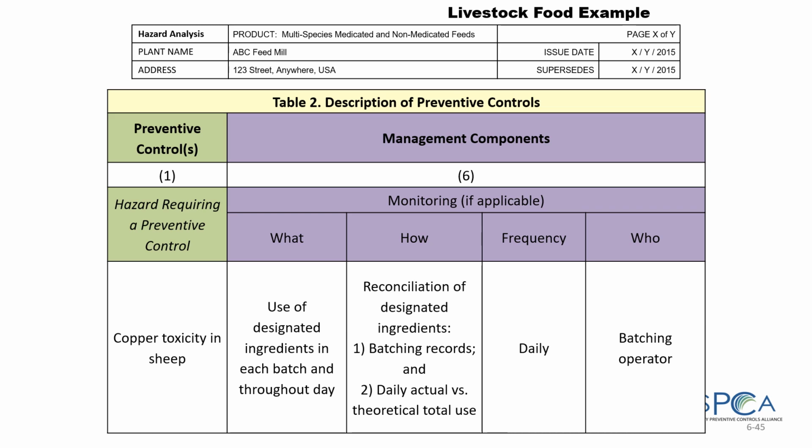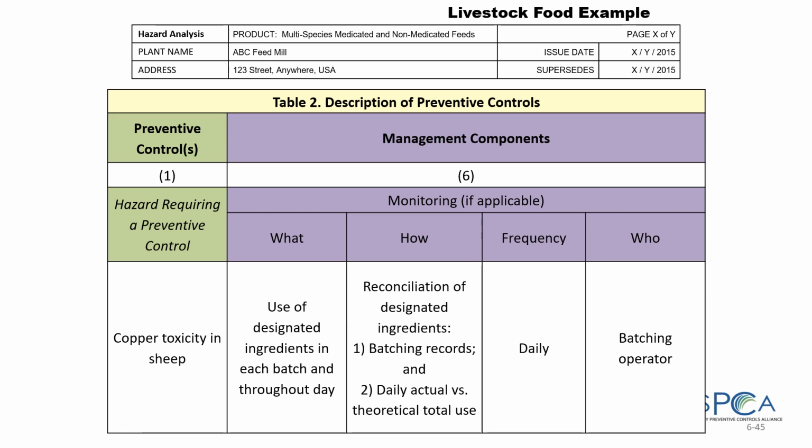Here's the next part of table 2. These are all of our management components. So these were all the things that we talked about in chapter 6. We're going to talk about monitoring first. So what am I actually monitoring? I'm going to monitor the use of designated ingredients in each batch and throughout the day.